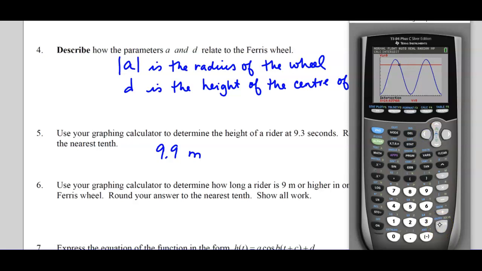I'm just going to write down 10.02 first. And I'm going to copy that X value out so that it's in there way faster. Go back to my graph. I'm going to find the first point of intersection. Quit out of that.